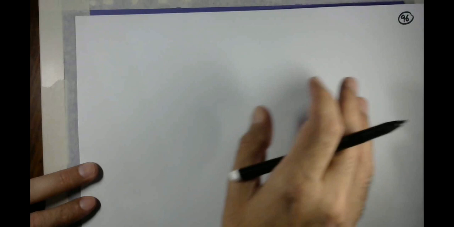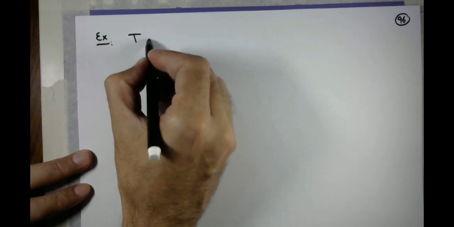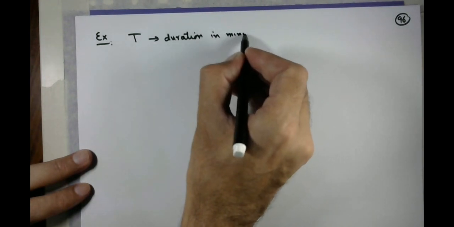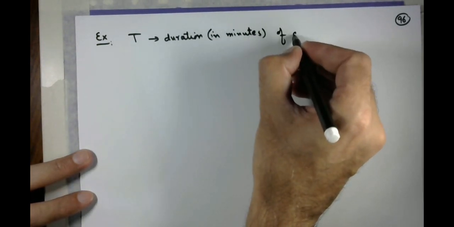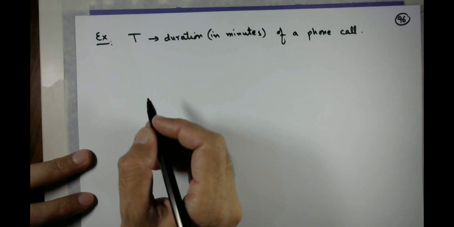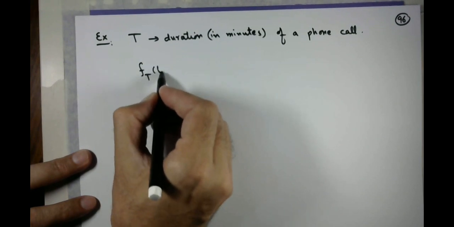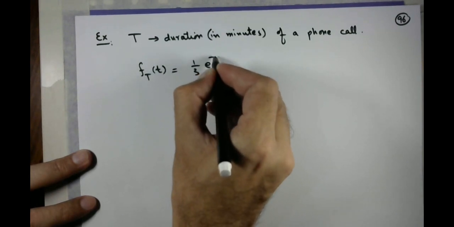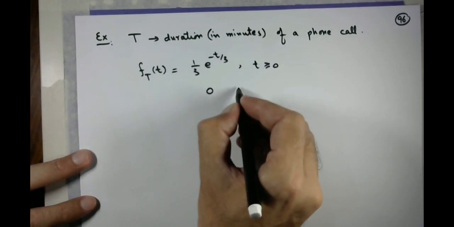So the example is simple. Suppose t is the duration in minutes of a phone call in a certain exchange, and the distribution of this call time is given as 1 by 3 e raised to power minus t by 3 for t greater than or equal to 0, and it is equal to 0 otherwise.